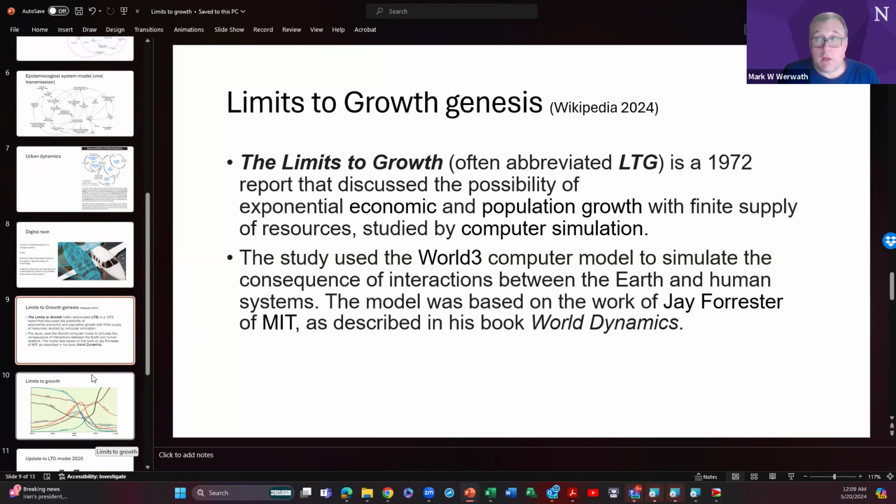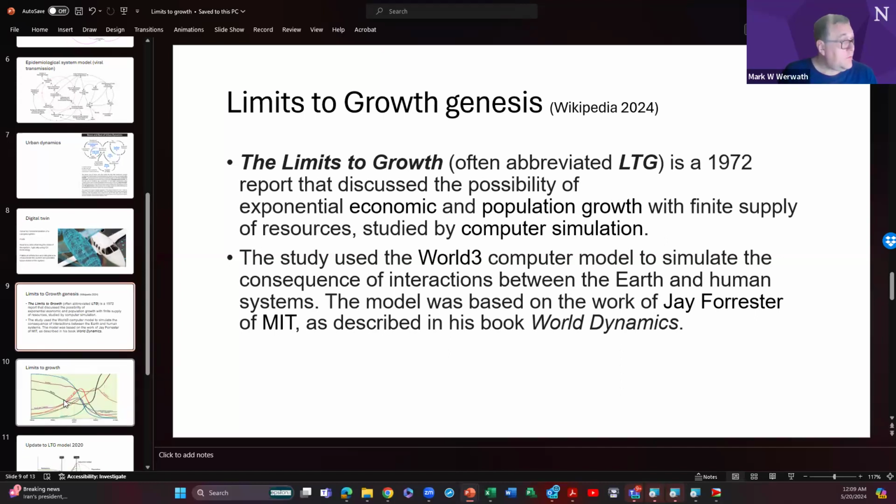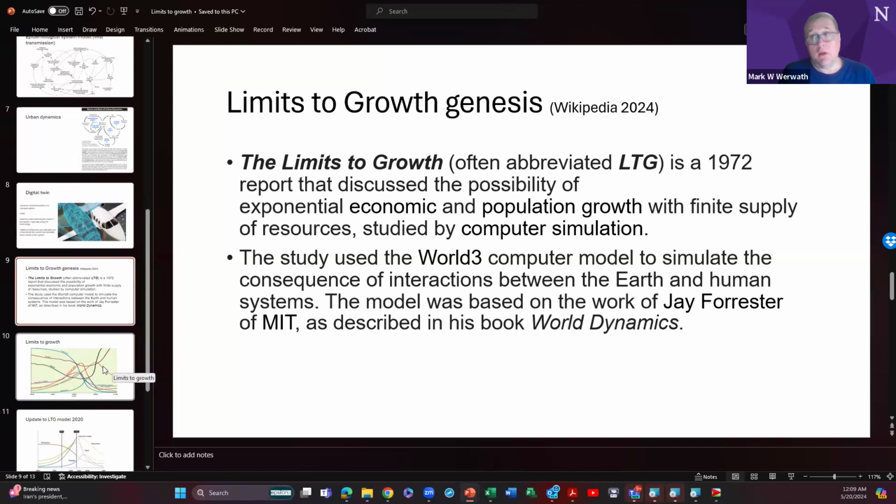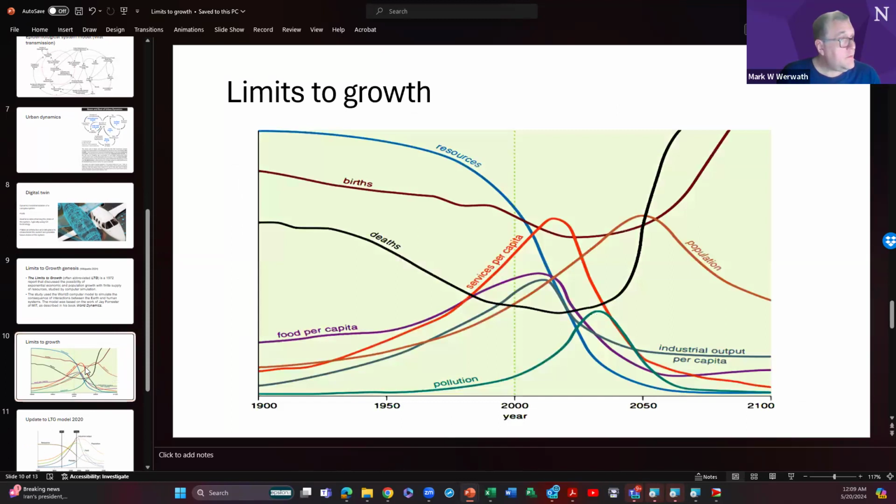So these models were forecasting not just population, but also the availability of all the resources that population would need, and of course there are interdependencies between them. The population depletes the resources, but requires the resources to survive, right? So what does this look like?